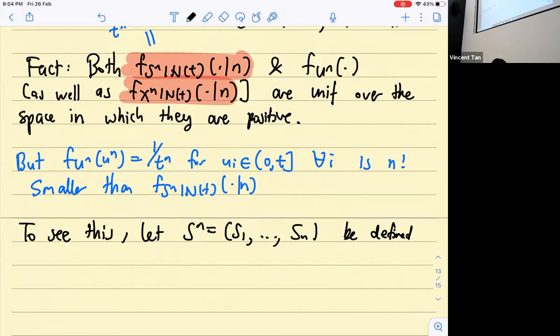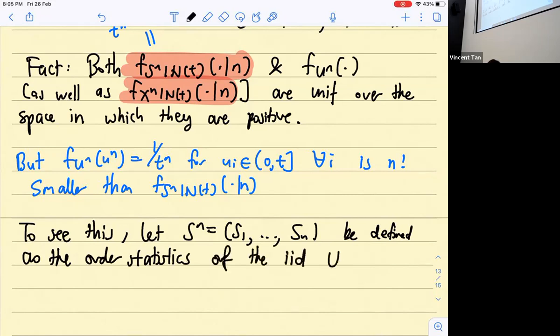But now, let us not define it as the arrival epochs of the Poisson process, but as the order statistics, and I will make this precise, of the IID U_i process.